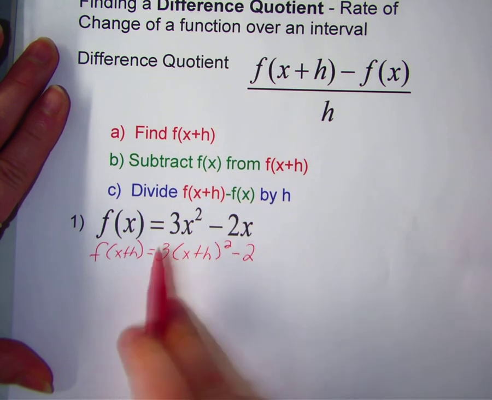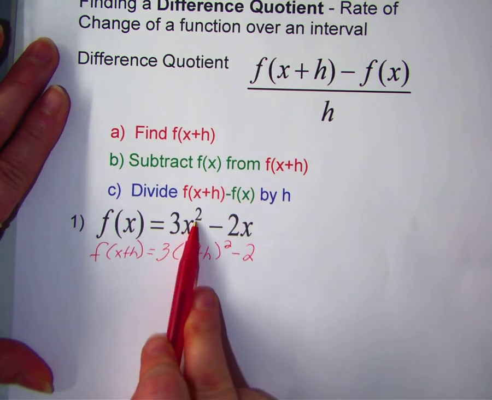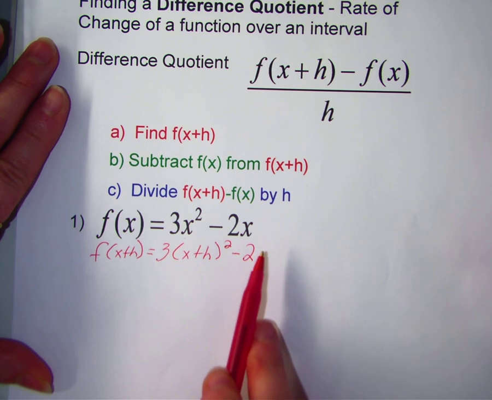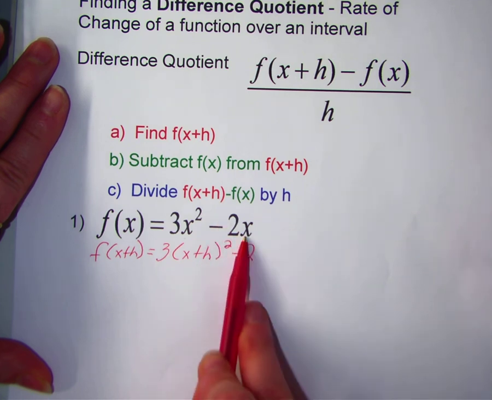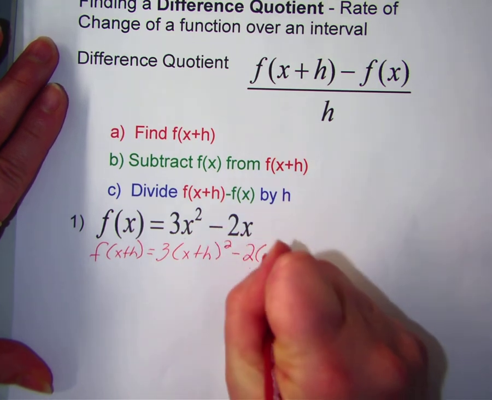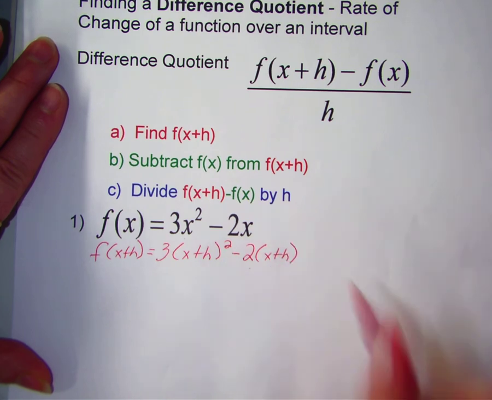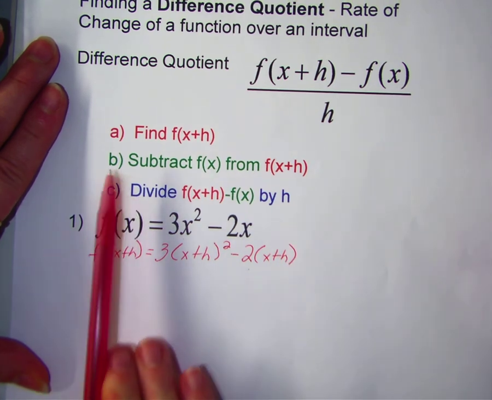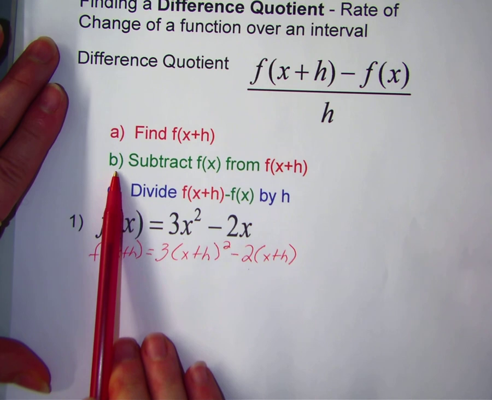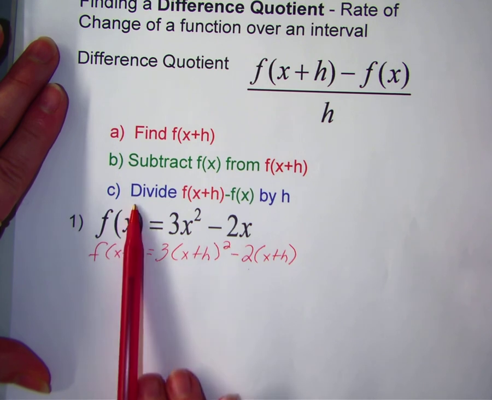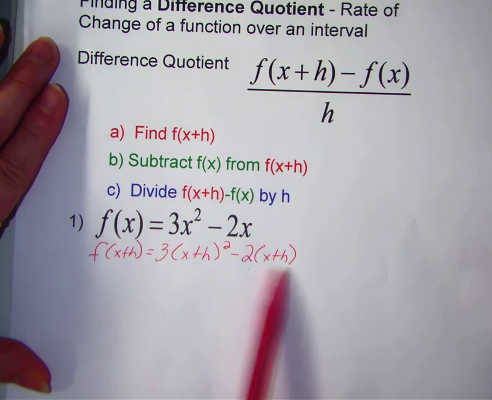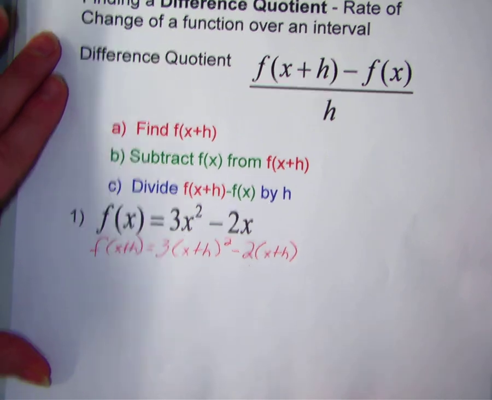And then I'm going to square it just like the function says to do. I'm going to bring down the minus 2, and again, instead of x, I'm going to do x plus h. Now, before I do this green step, part B, or the blue step, part C, I want to put this in simplest form.